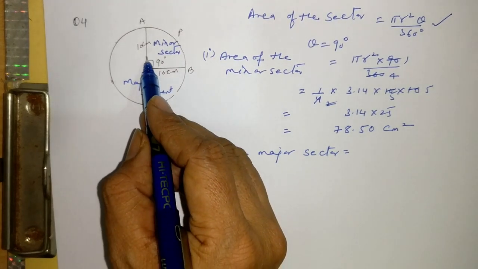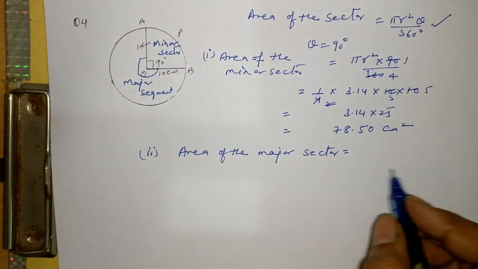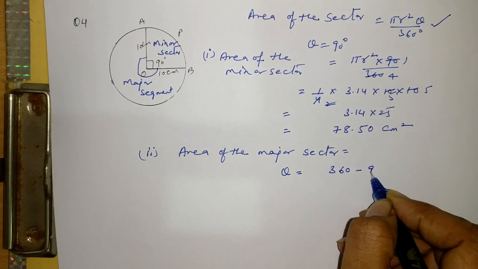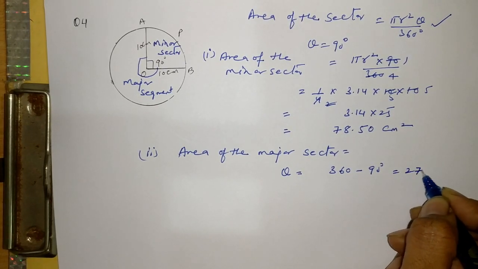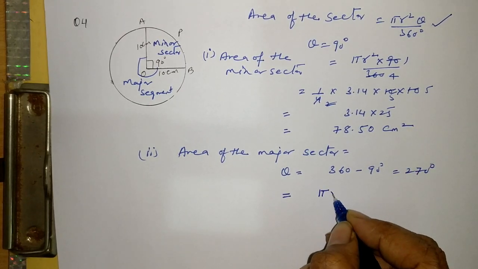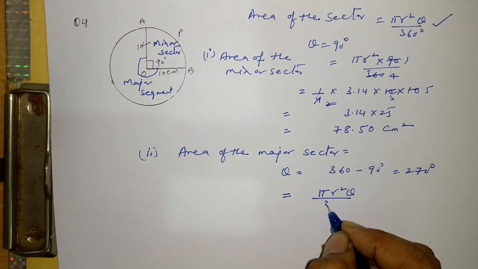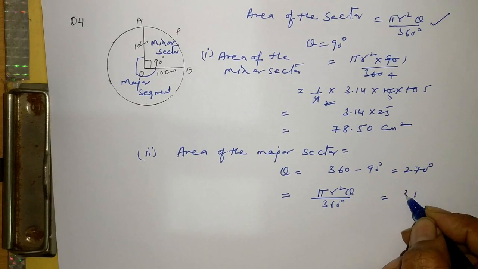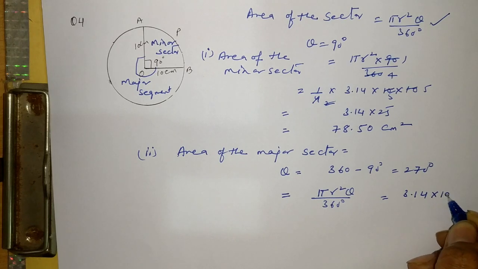In the case of the major sector, the angle will be 360 minus 90, that is 270. So the formula remains the same: pi r square theta upon 360. Pi is 3.14, r is 10 into 10, theta is 270.